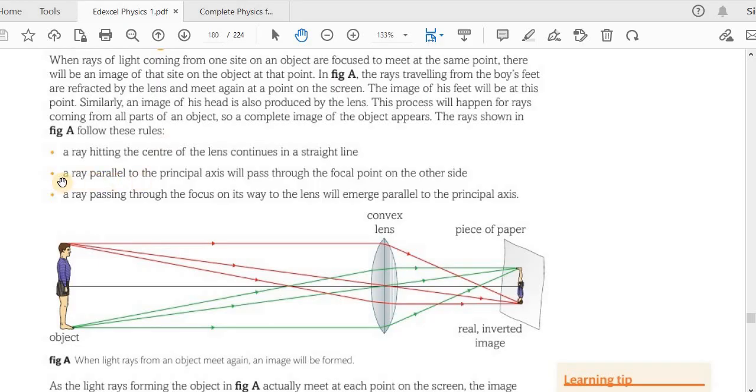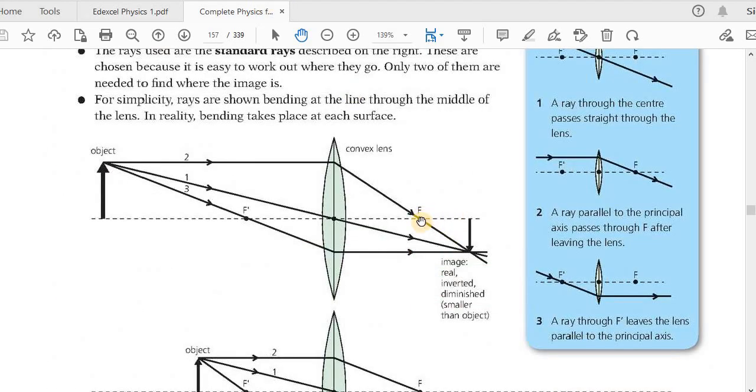Then a ray parallel to the principal axis will pass through the focal point on the other side. See, parallel to the principal axis, passing through the focal point. Here is the focal point where it's intersecting the principal axis. Remember the focal point is on the principal axis. See, here it's on the principal axis, here it's on the principal axis.